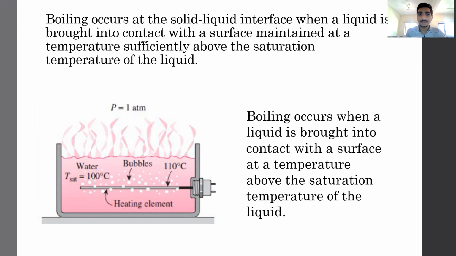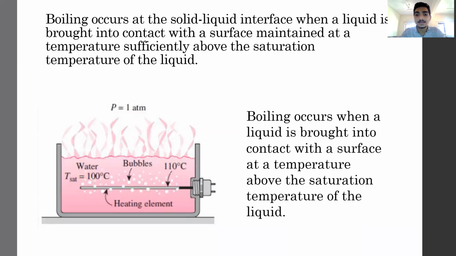So first, let's see one more definition of boiling. Boiling occurs at the solid-liquid interface when a liquid is brought into contact with a surface maintained at a temperature above the saturation temperature of the liquid. As you can see, this is a diagram of a vessel in which water is boiling, and there's a rod acting as a heating element.